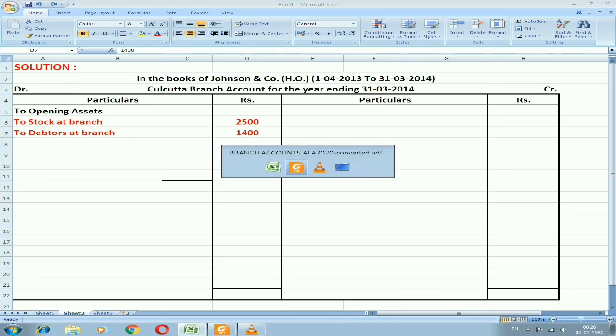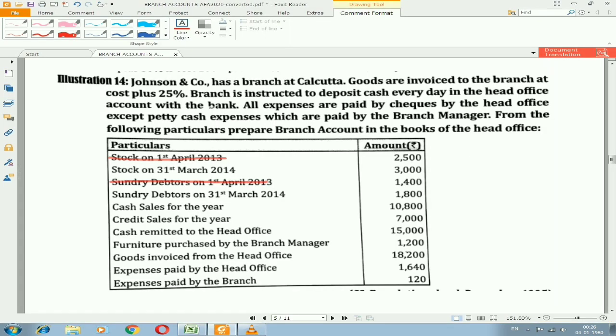Next, in the illustration we don't have any other opening values, but always think one thing. We need to open an account for petty cash also, which is very important. In the illustration we don't have any petty cash opening balance, even though we need to open an account.